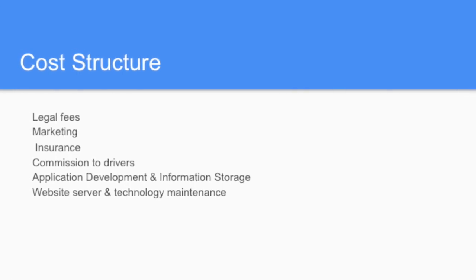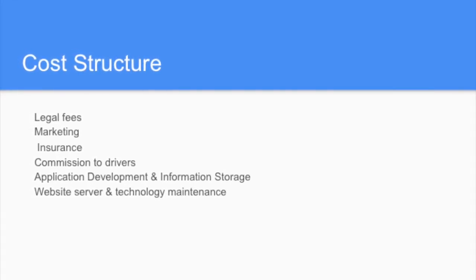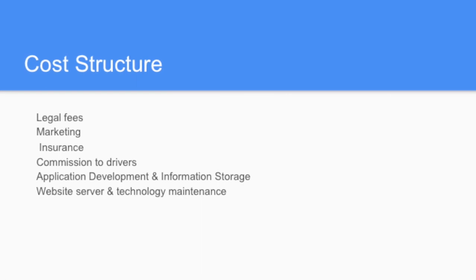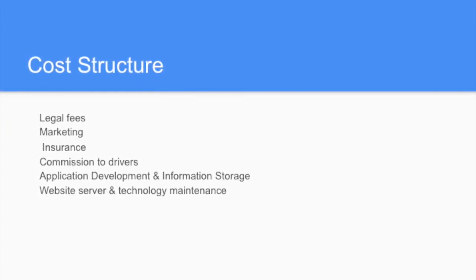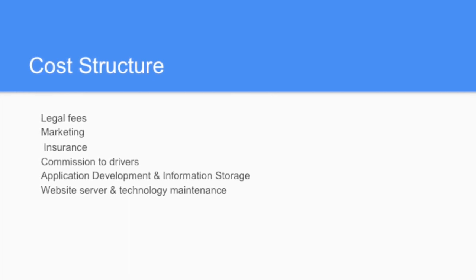Additionally, Uber incurs costs associated with application development to keep their app up to date and maintained, as well as information storage and security for people's credit cards, as well as website, server, and technology maintenance.